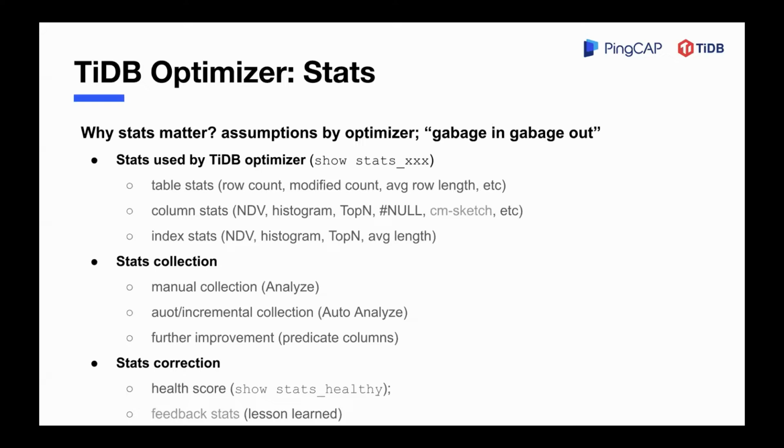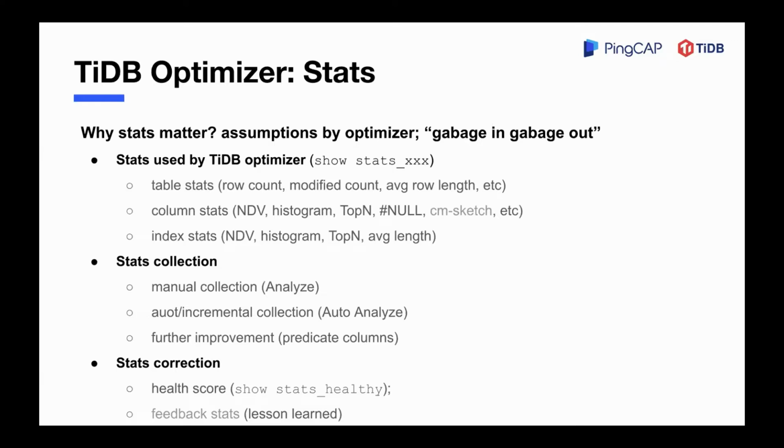The third assumption is inclusion, which means a PK-FK relationship when two tables, two columns, join together. But we all know that those assumptions do not always hold. In the real world, we can see data skew, and we can see strong correlation among the columns. So that means the assumption is broken.